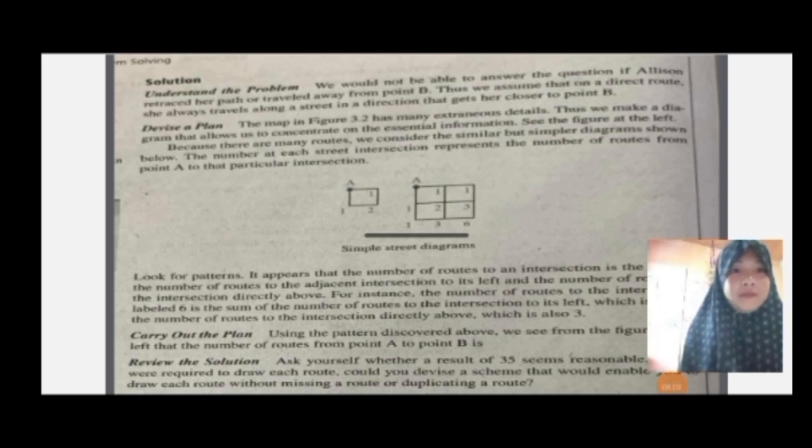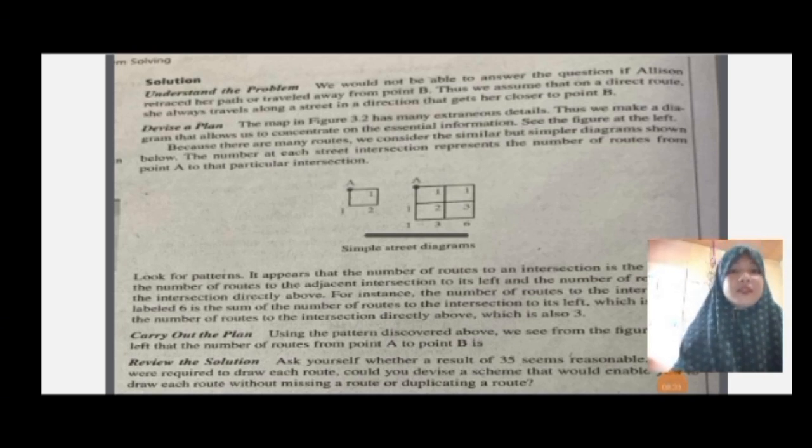Understand the problem. We will not be able to answer the question if Allison retraces her path of travel away from point B. Thus, we assume that on a direct route, she always travels along a street in a direction that gets her closer to point B.